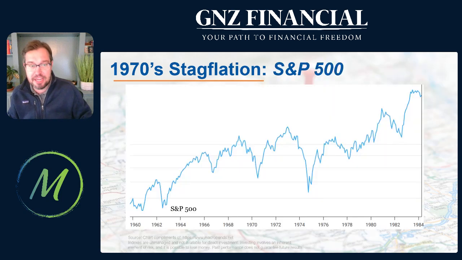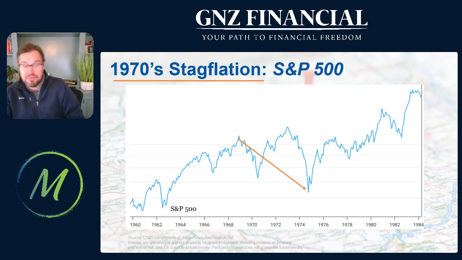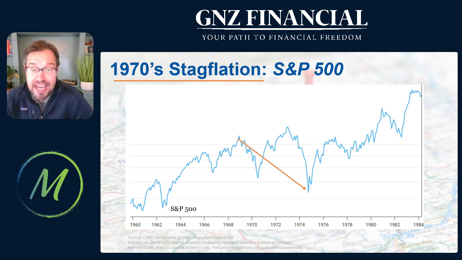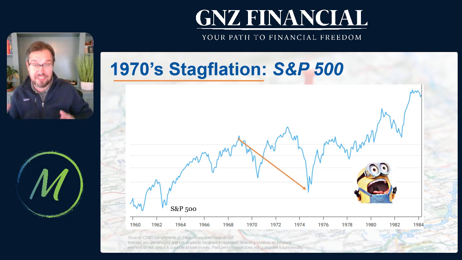And let's look at what that did for the economy. This is just a chart of the S&P 500 from 1960 to 1984. And we see from that period, from the late 1960s to mid-1970s, a significant decrease in the S&P 500, really being driven by that stagflation.